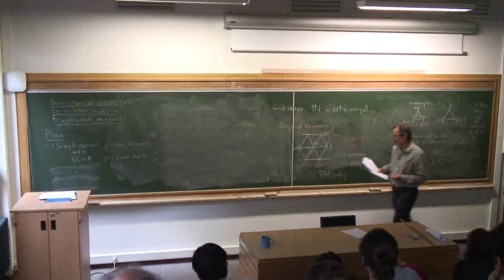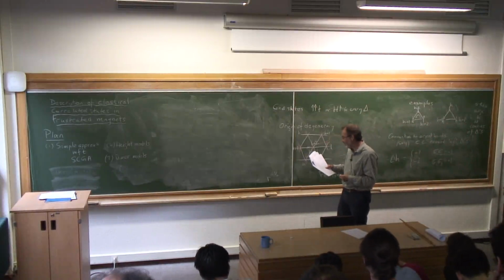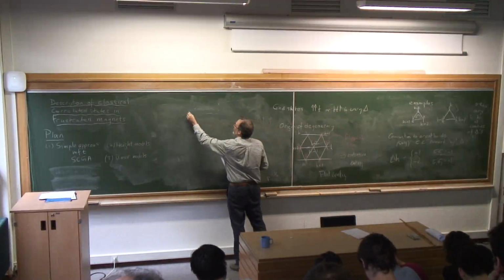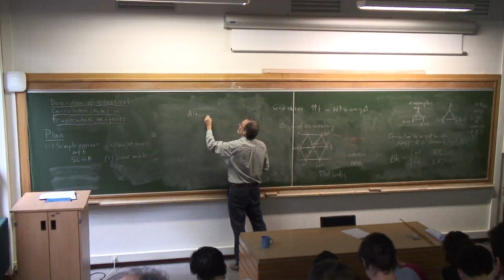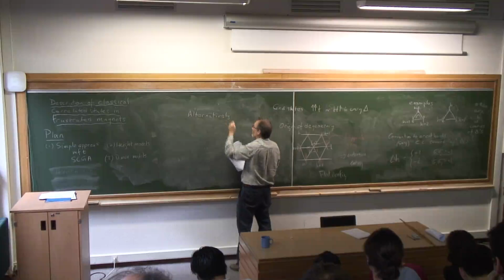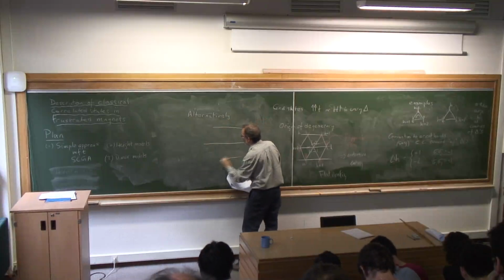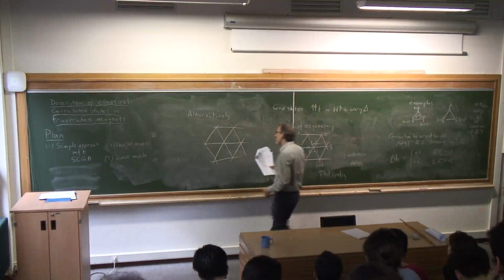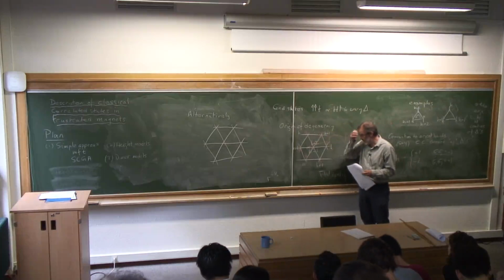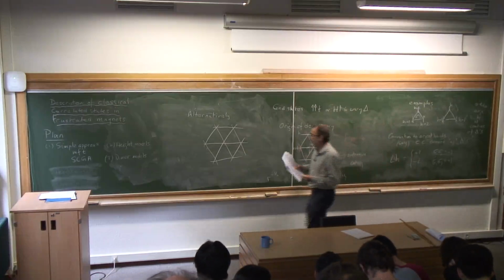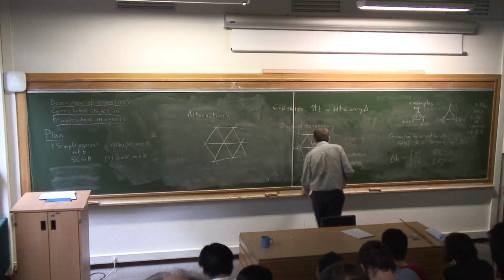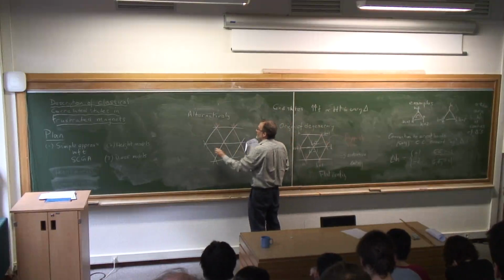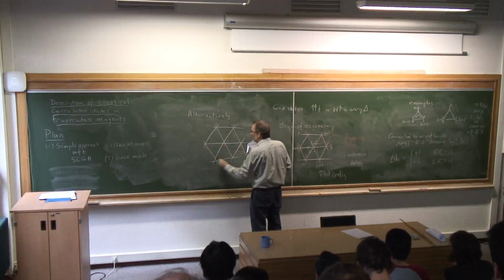And just to get some intuition, it's worth thinking about what the heights look like for some other possible arrangement of spins. So here I had spins alternating up and down as I went around the hexagon, but another possibility is to have rows of parallel spins with their direction alternating from one row to the next.